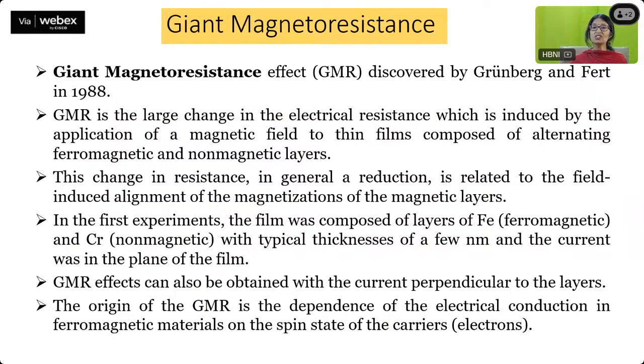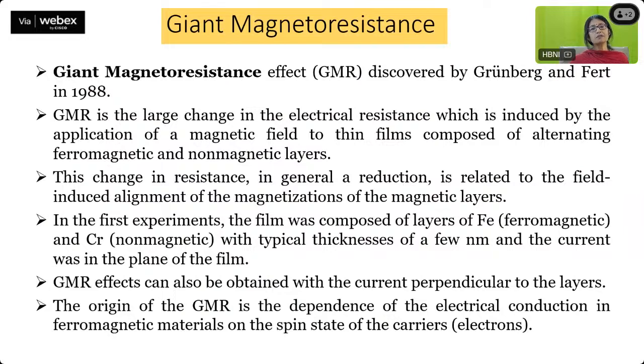So this is a large change in electrical resistance, which is induced by the application of a magnetic field to thin films composed of alternating ferromagnetic and non-magnetic layers. And this change in resistance, in general a reduction, is related to the field induced alignment of the magnetizations of the magnetic layers.